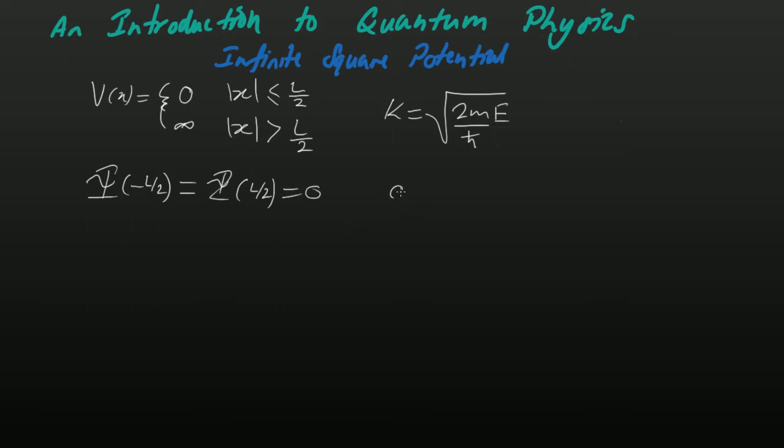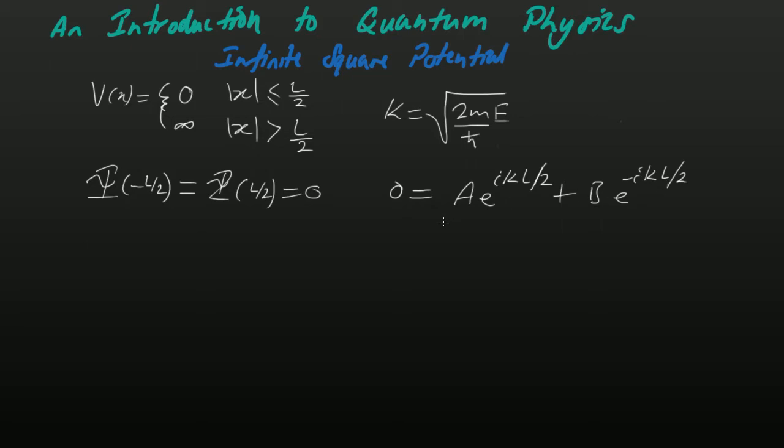So straight away we'll say 0 equals a e^(ikL/2), that's a 2, not a k, plus b e^(-ikL/2).